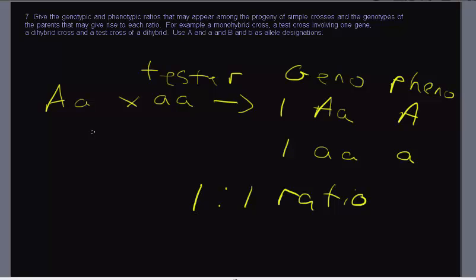And that's the beauty of the test cross. The reason that we do a test cross is so that our phenotypes directly reflect the genotypes. Because if you look at the outcome of the organism, you can see the phenotype, but you can't see the genotype directly. So if we do this and we use a homozygous recessive here, we know that anybody that has a dominant phenotype has to have a big A and a little a, because we're always going to get a little a from here.